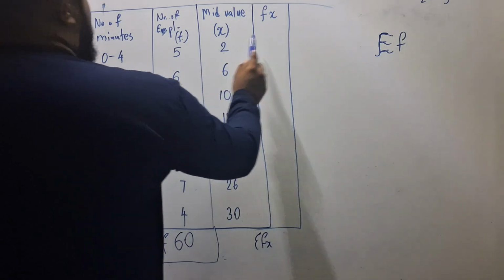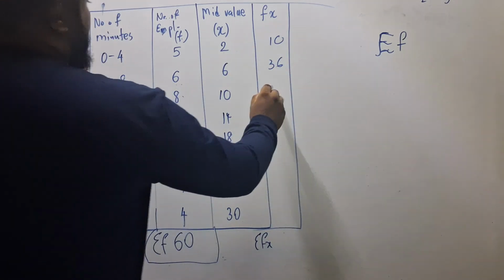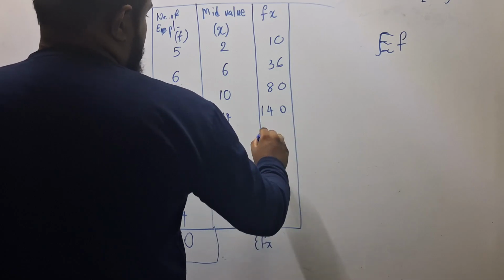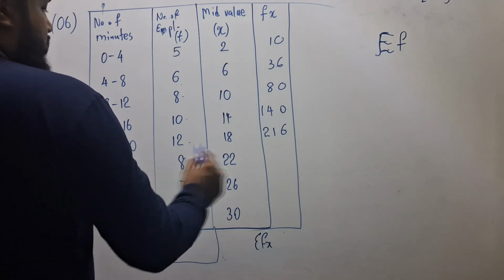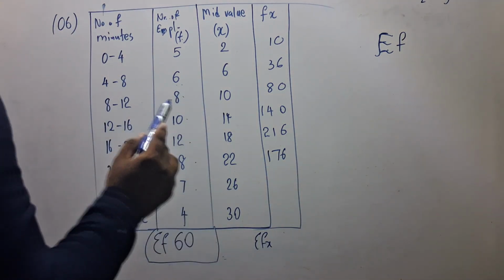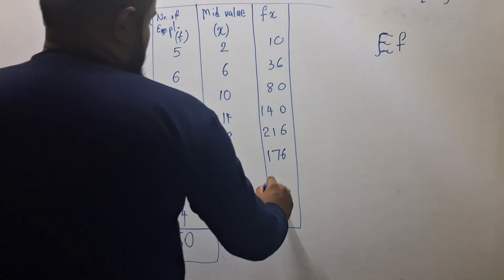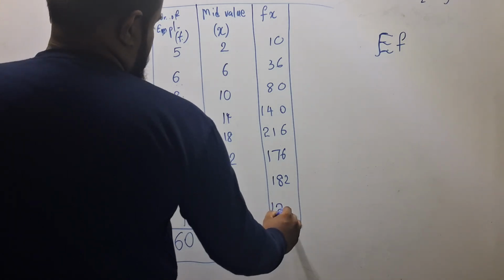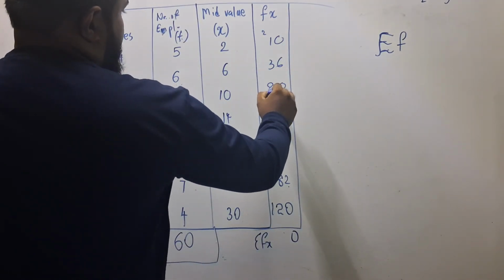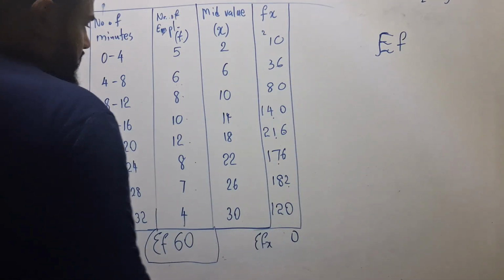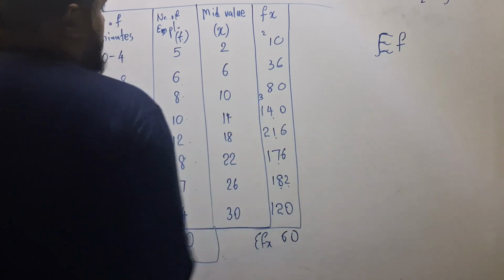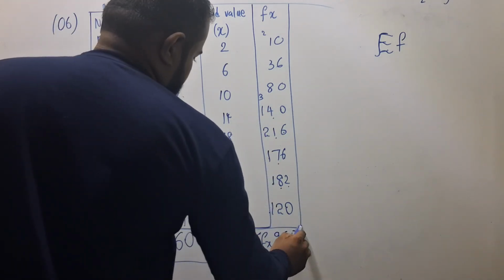Sigma fx, let's multiply fx. 10, 36, 8 into 10 is 80, 10 into 14 is 140, 12 into 18 is 216, 20 into 8 is 160, 2 into 8 is 16, 176, 26 into 7 is 182, 30 into 4 is 120. Add them together, and you get 960.